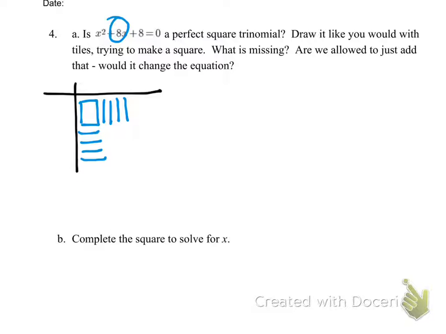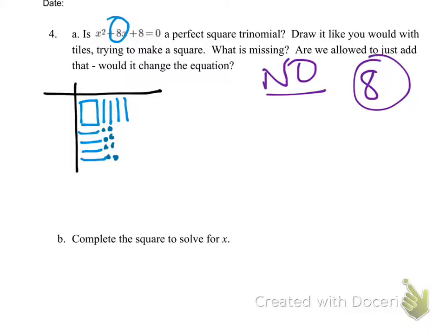That was with the darker blue. So I've got 1, 2, 3, 4, 5, 6, 7, 8. Was I able to get a square? I am not able to get a square. What's missing? I'm missing 8.